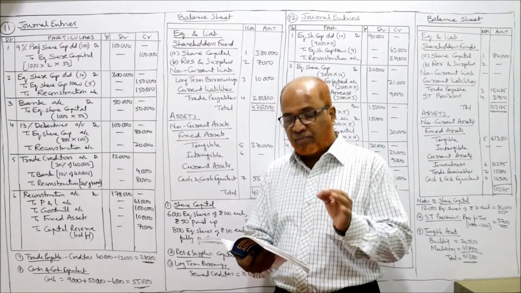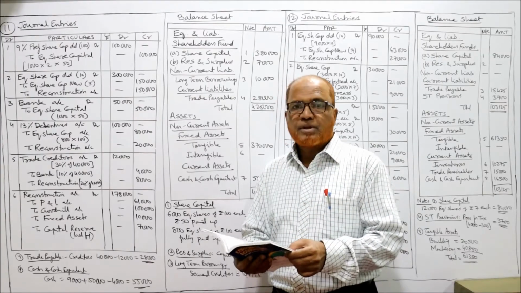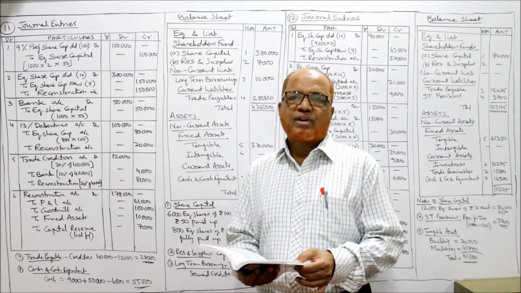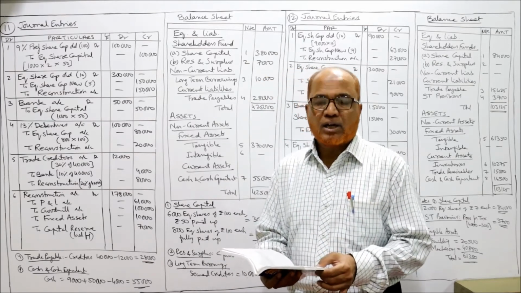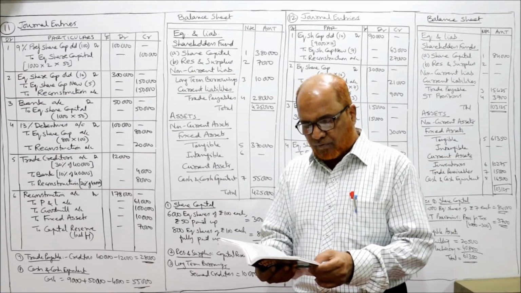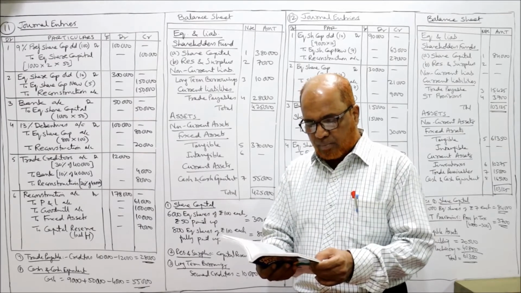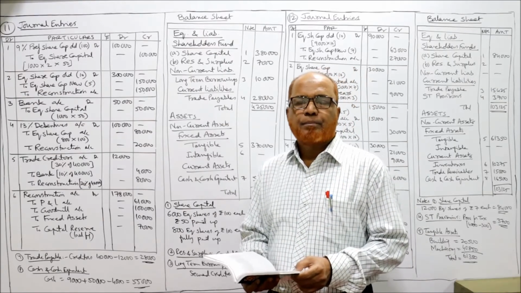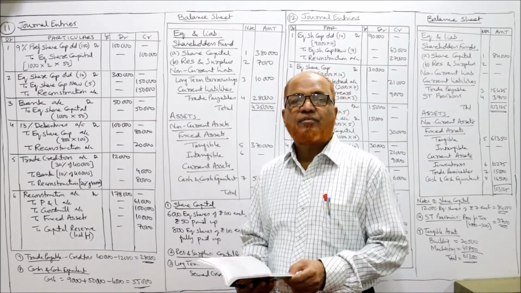That means 50 into 2, 100 rupees. So they are foregoing the preference shares and they are getting the equity shares. Each existing equity share is reduced to 50 rupees paid up. The face value remains the same at 100 rupees, but we are treating it as 50 rupees paid up.